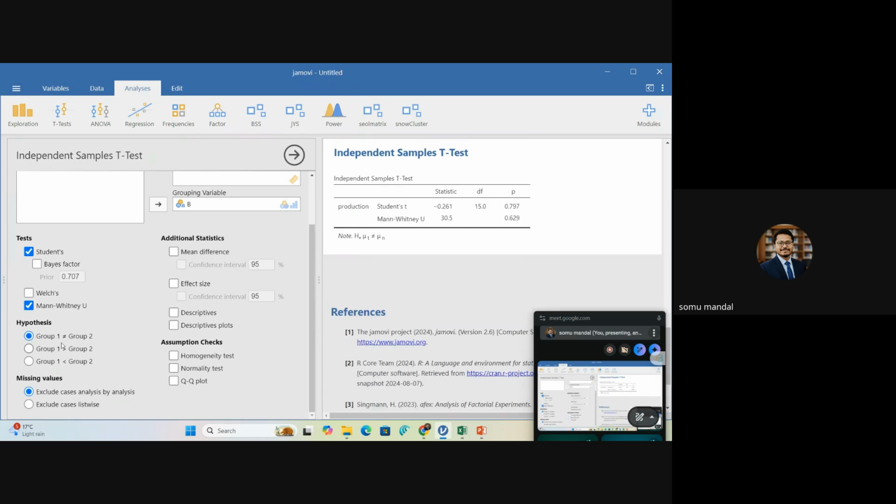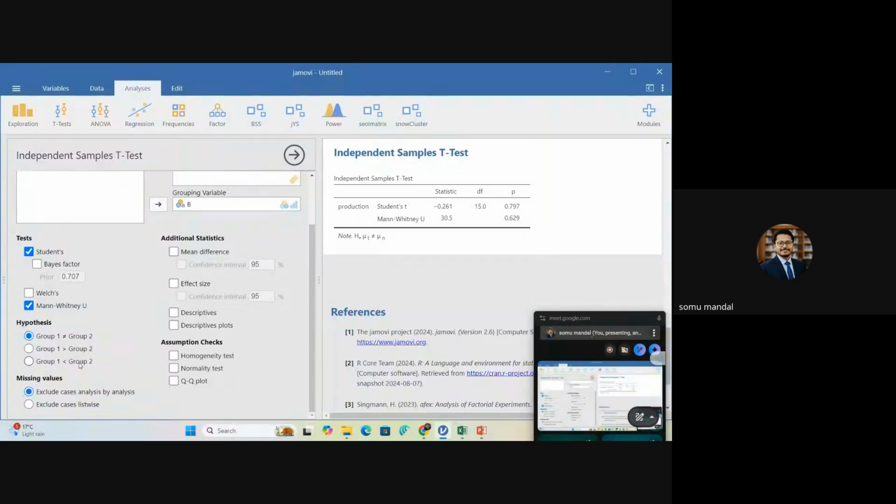Yes, the hypothesis is group 1 not equal to group 2. Why? Because we try to find out the difference between their production. Is it equal or not? If we have a hypothesis that the treatment plot has greater agricultural productivity than the normal plot, then we click here: group 1 is greater than group 2.